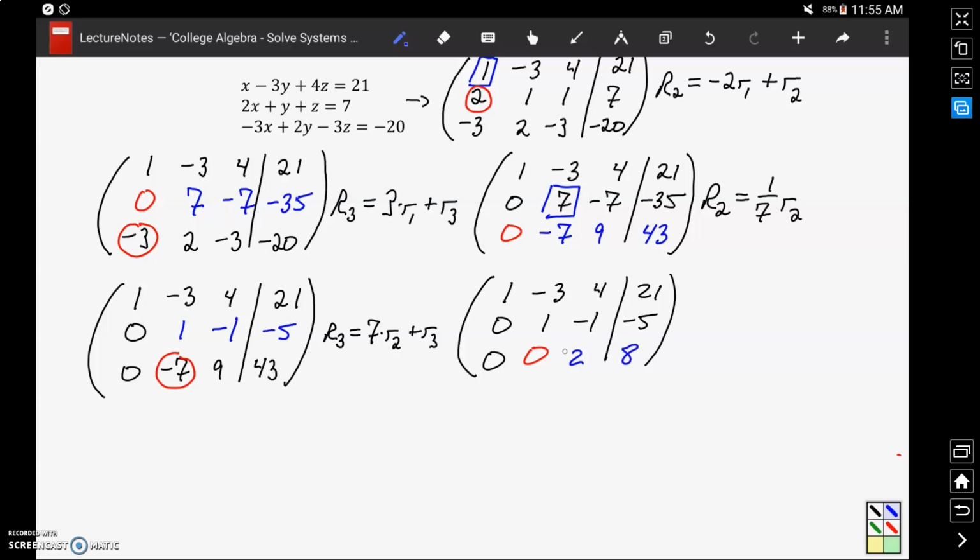Which brings us to our next goal. We want to convert that value in row 3, column 3 into a 1. And we can do that by updating row 3 by multiplying all values in it by 1/2.